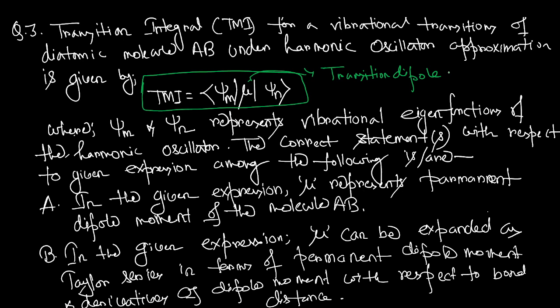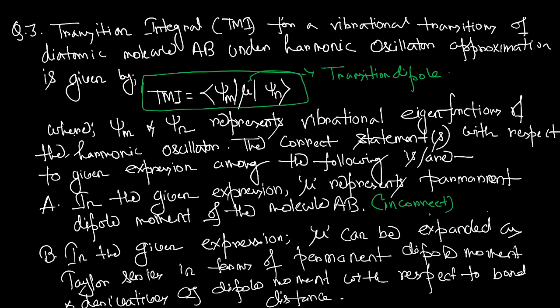So the maximum value cannot be said, but the thing is that it should not be 0, otherwise it will be forbidden. So the transition dipole is not the permanent dipole of a molecule. This first option is eventually incorrect.